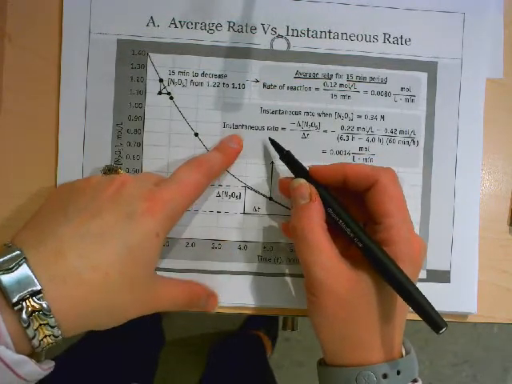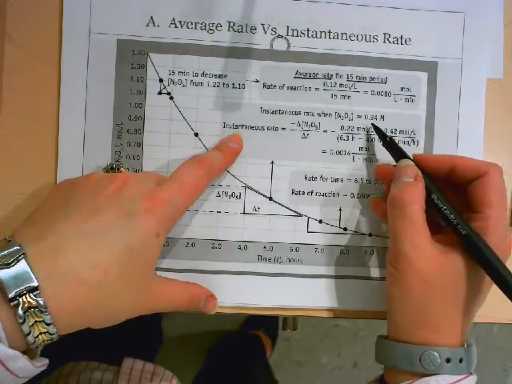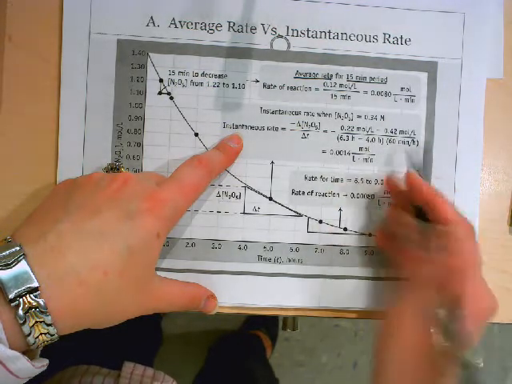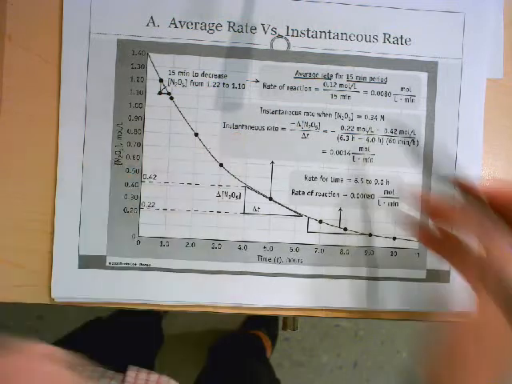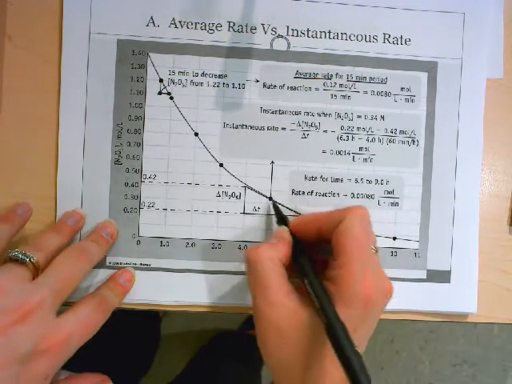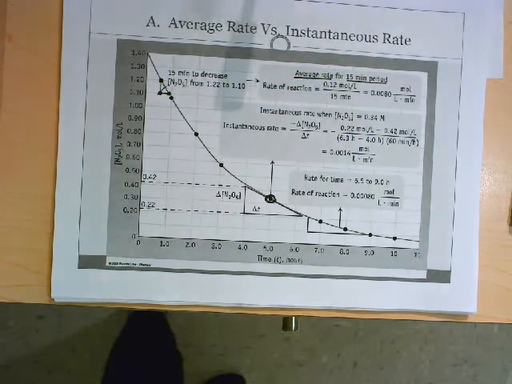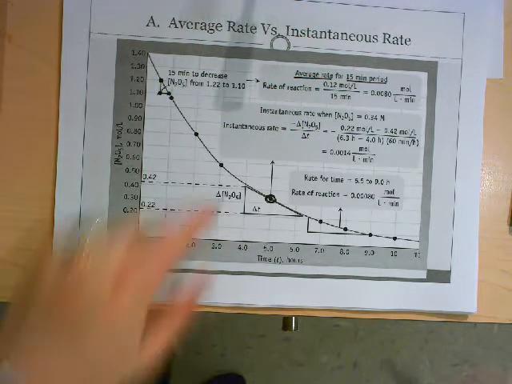Instantaneous rate is where we're going to look at one point on the curve. And so the instantaneous rate, I want to know about 0.34 molar, which is right here. But you can't really take the slope of a point, right? There's some mathematical tricks you could do. But in general, you're going to look really close on both sides of that point to figure out the slope.